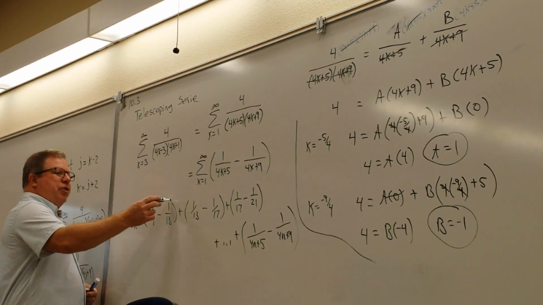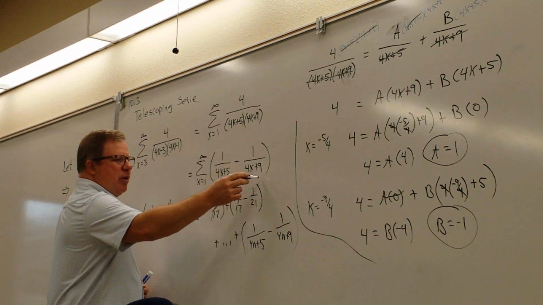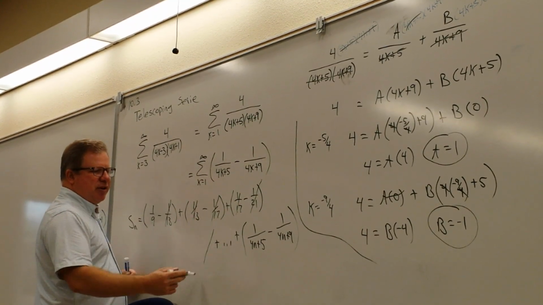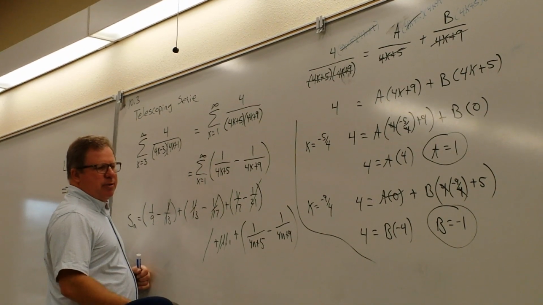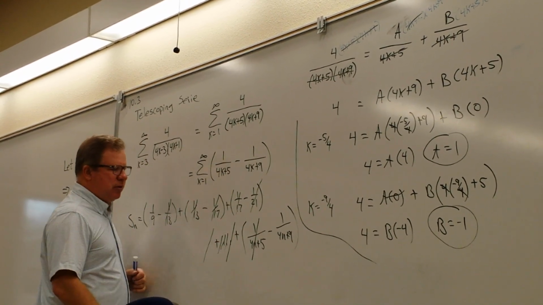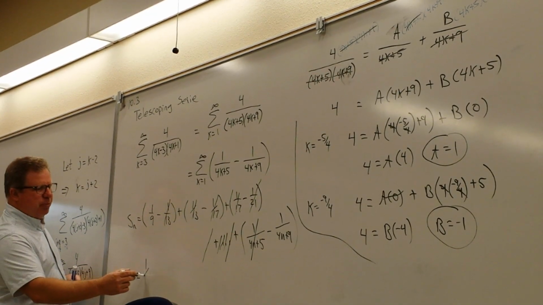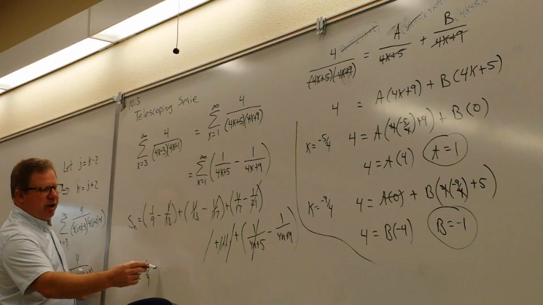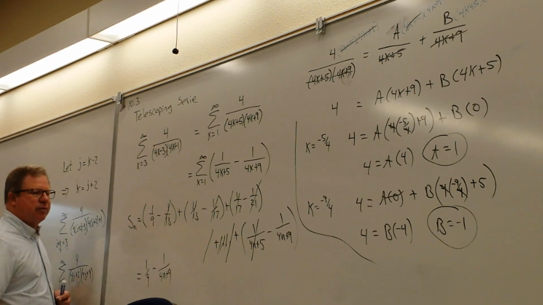And we see that the 1/13 subtracts out, the 1/17 subtracts out, that 1 over 21 will subtract out with the next one. Everything in between will subtract out. The last one will subtract out with this one, and we're left with the 1/9 in the beginning minus 1 over 4n plus 9.